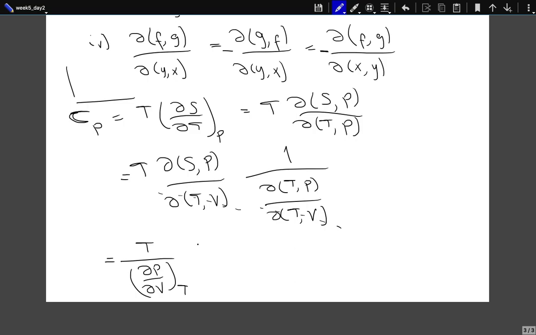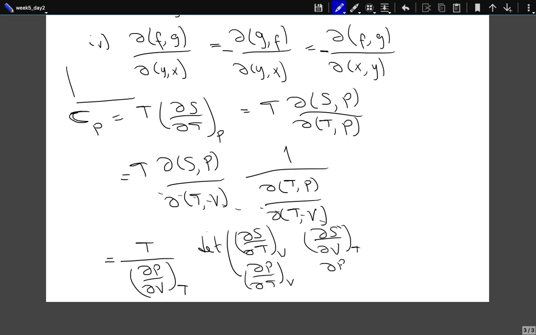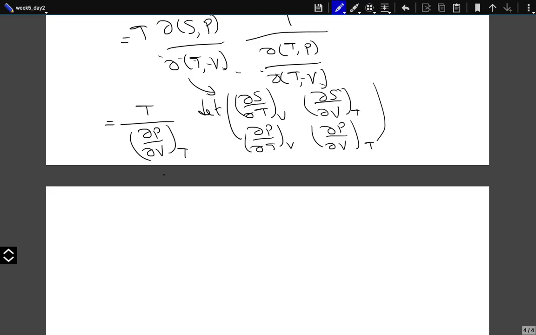In the denominator, we have the determinant of the derivative of entropy with respect to T at constant volume, derivative of entropy with respect to V at constant temperature, derivative of pressure with respect to T at constant volume, and derivative of pressure with respect to V at constant temperature. This is this Jacobian over there. Just take the determinant of a 2 by 2 matrix at constant temperature.